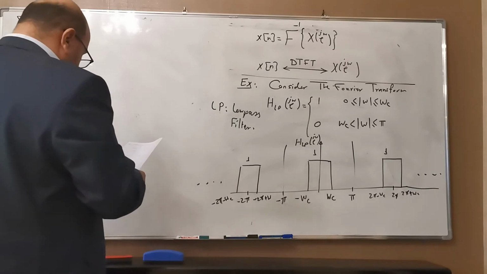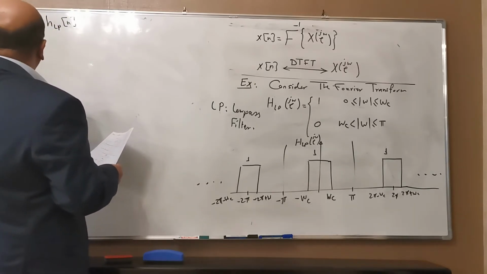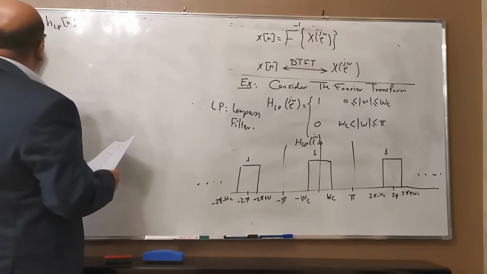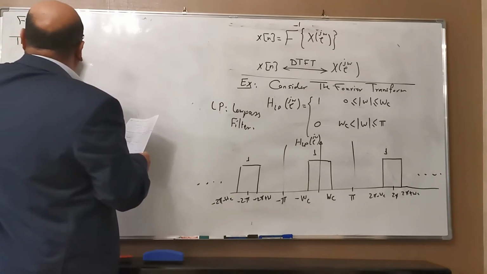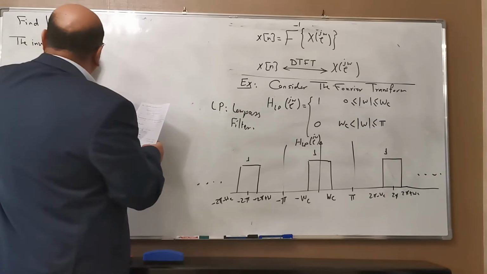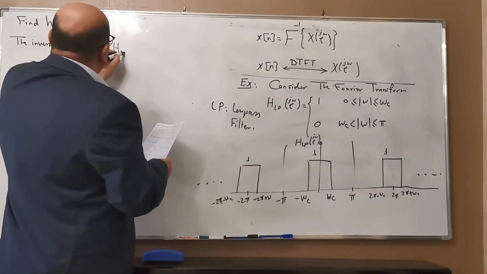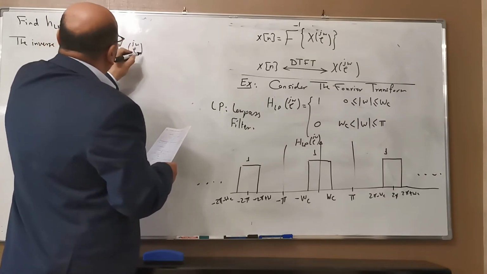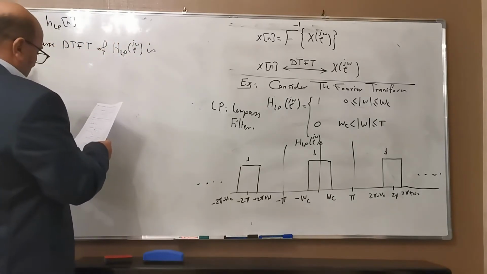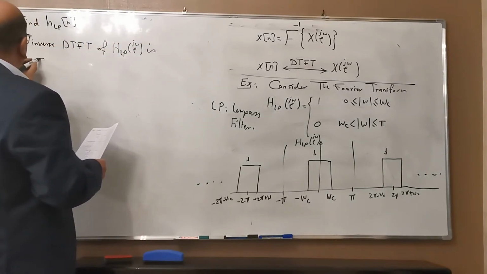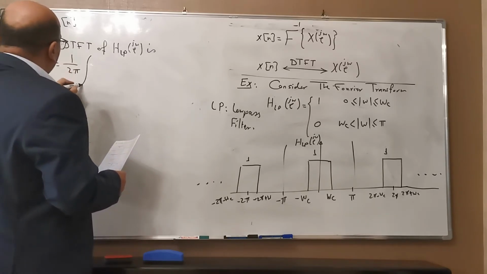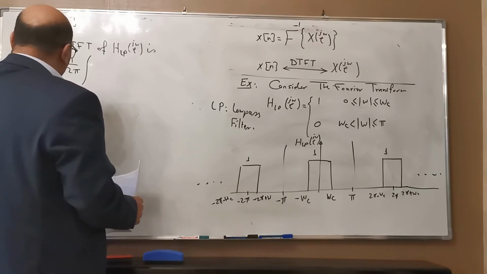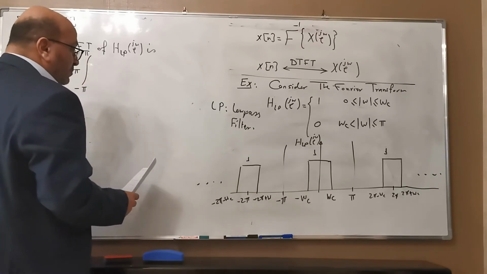Okay, so the inverse DTFT of H low pass of e to the j omega is H low pass of n equals 1 over 2 pi, integration over one period from minus pi up to pi.